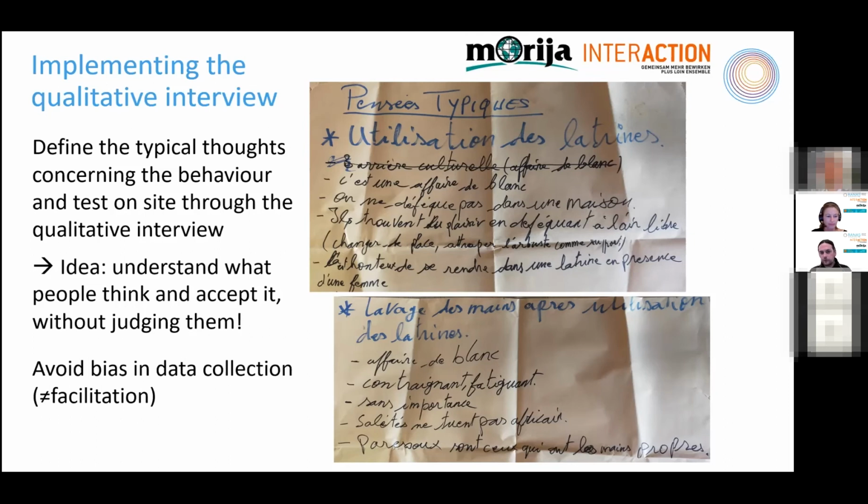We chose not to use the project people, to avoid some bias in data collection, because when people see them, they will say, oh, that's the hygiene facilitator, I should behave well or say the right thing. So they were separated and shifted to different areas. And we also used facilitators from other types of Morija projects to do the data collection to avoid this bias.